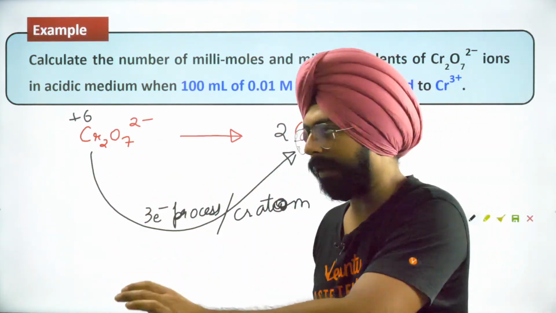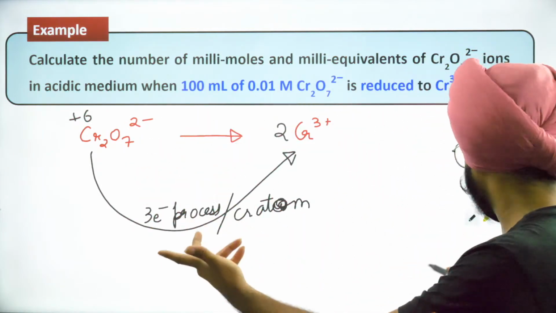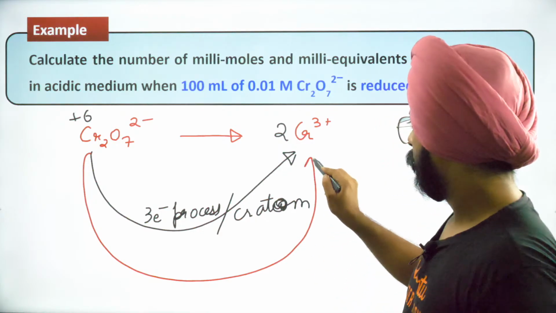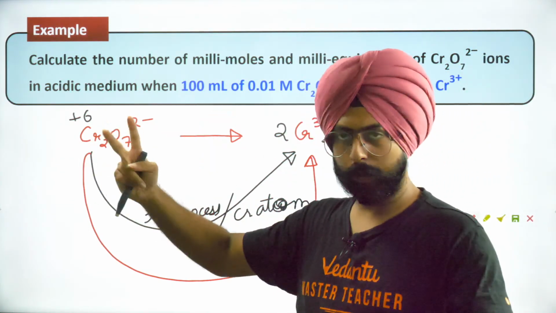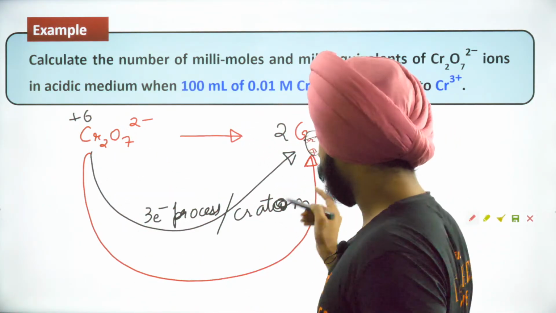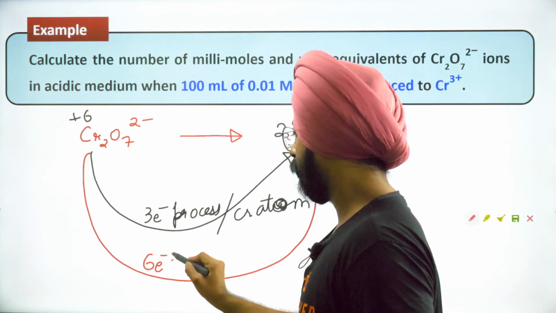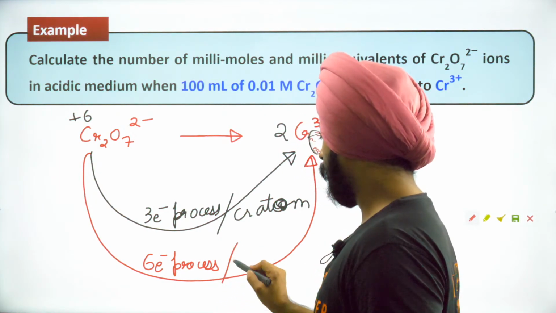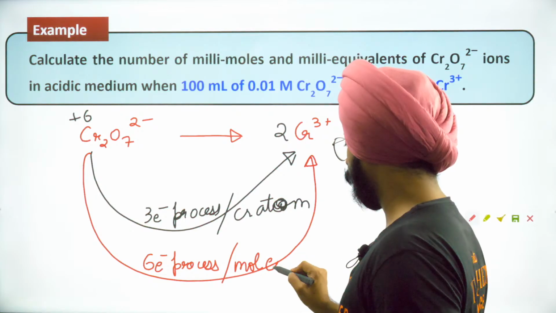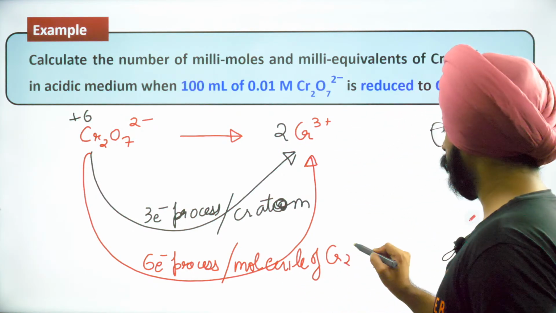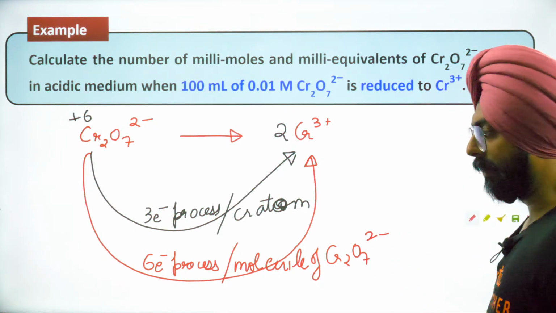What is that Z factor for this entire molecule? Since there are two chromium atoms, 2 into 3 electron process is a 6 electron process. So this entire process is a 6 electron process per molecule of Cr2O7 2 negative. Get the idea?